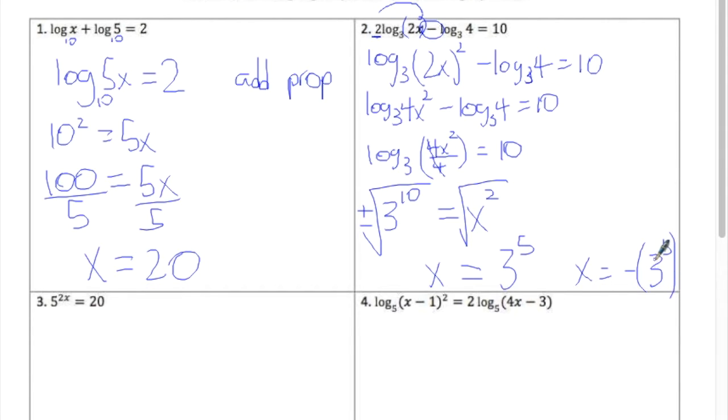However, if this is a negative number, and we try to plug this in back here, we can't take the log of 2 times negative 3 to the 5th, so this one is in fact extraneous. And 3 to the 5th is 243 for those keeping score at home.